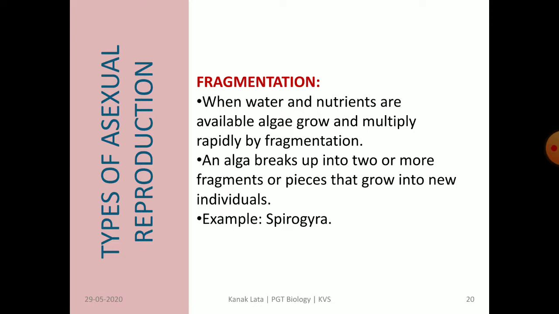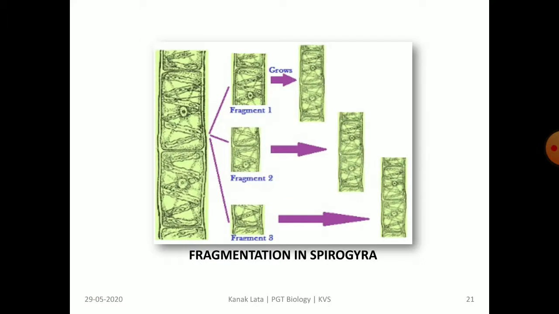In this case, an alga breaks up into two or more fragments or pieces, and each piece grows into a new individual. An example, as I have already told you, is Spirogyra. In the given figure, you may observe that from the filament of a Spirogyra, a number of Spirogyra are formed.